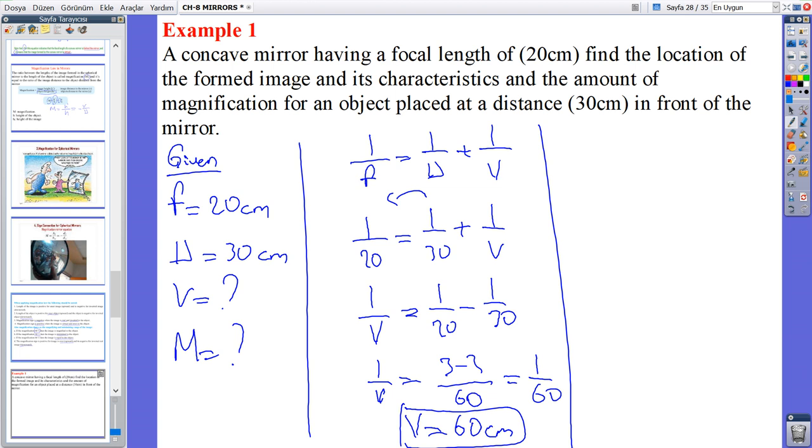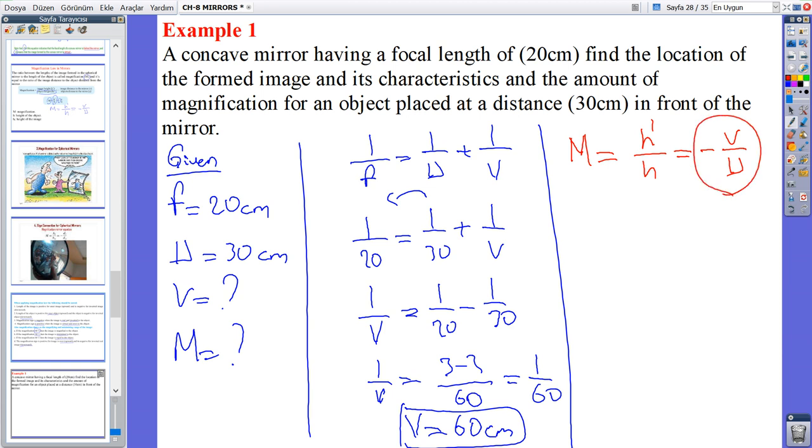Secondly, we will find the magnification. If you remember our magnification equation, M equals, we are using two equations. If you are given the heights, we use the height of the image over the height of the object, equals minus the distance between the image and the mirror over the distance between the object and the mirror.